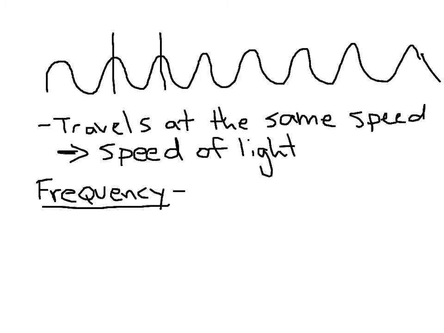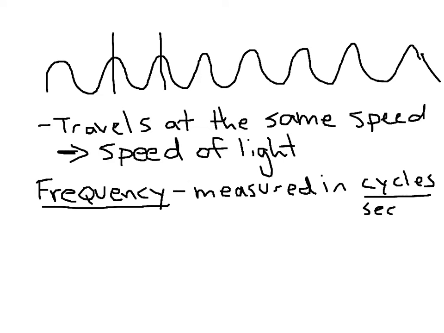Frequency is how often a wave crest, a wave part, passes a particular point in a particular time. So frequency is measured in cycles per second. Okay, that's what frequency is measured in. Now that's a cool thing.